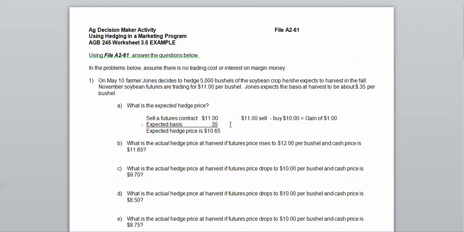If basis is in fact the 35 cents, that would mean that cash grain price is $9.65.